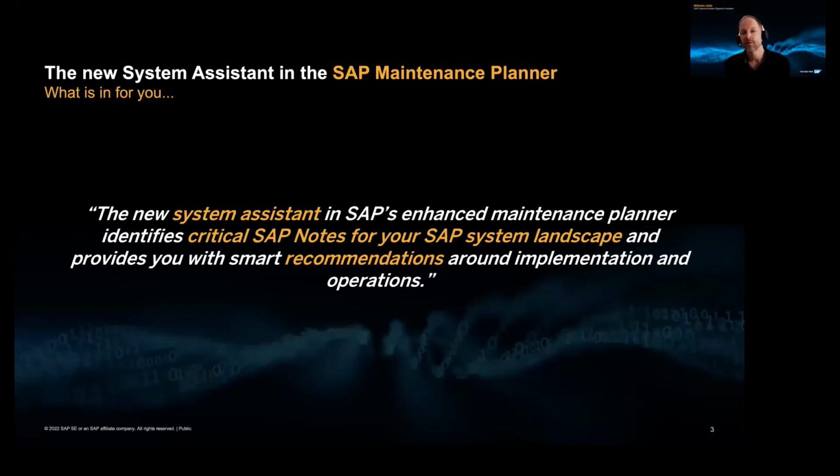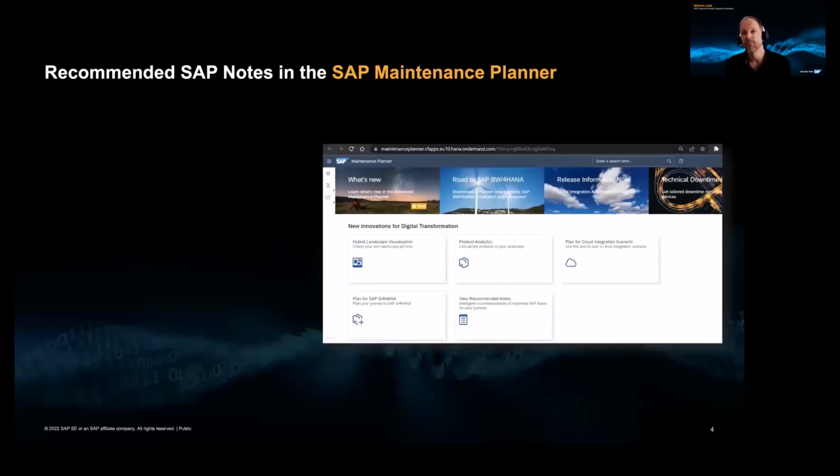When we go to the next slide, we see that the home for that functionality we decided to be the maintenance planner. That's for good reason, because the SAP maintenance planner, especially in the new cloud version, is the place to maintain your system landscape. When we look at the key features we were introducing, please go ahead.